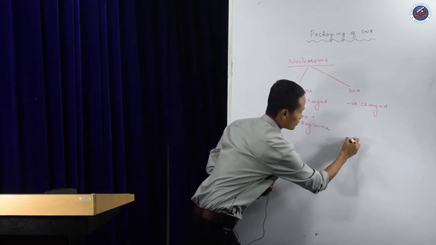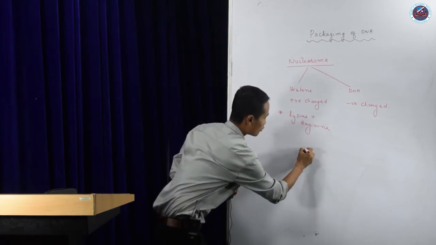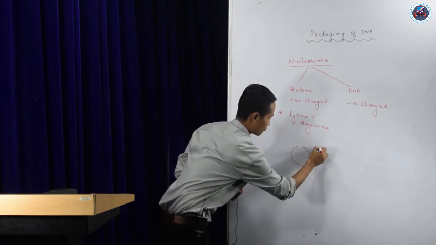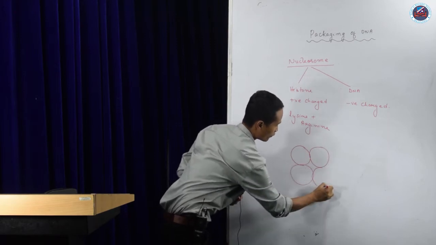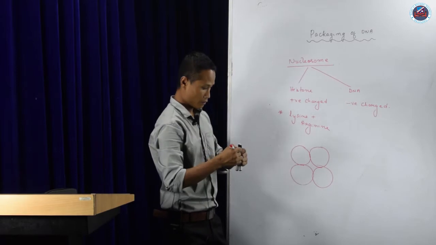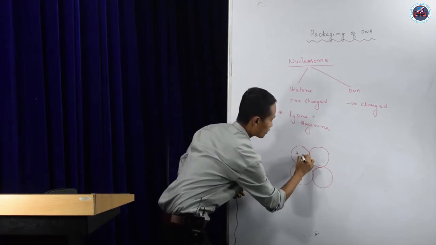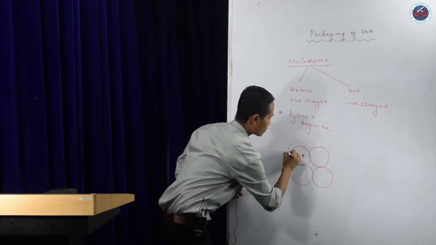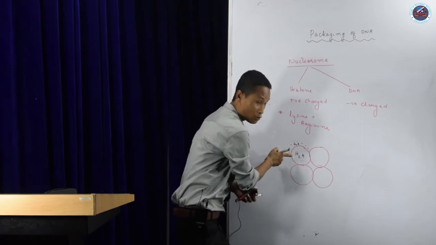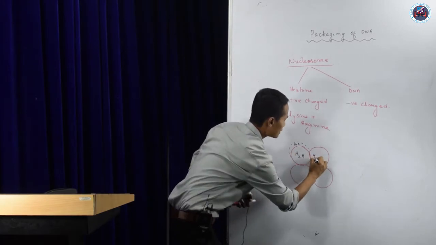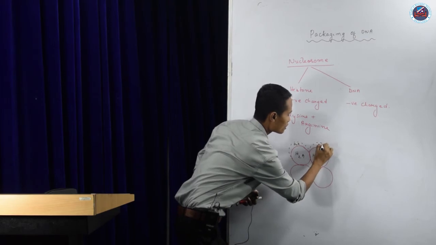Histones are said to be an octamer. When I say octamer, it is 8. This is H2A, and there will be another H2A on the back side. This is said to be a dimer. Next is H2B, and another H2B is on the back side.